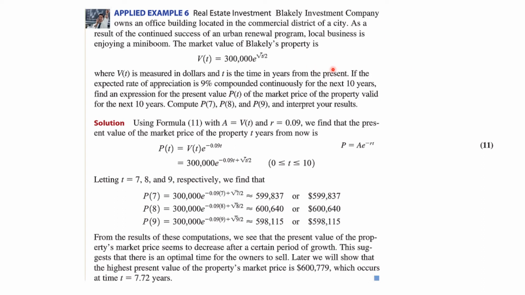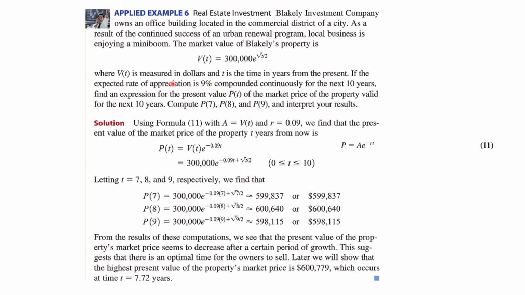Okay, so let's do an applied problem. Life isn't a word problem. So you've got this investment company that owns an office building located in a commercial district, and the market value of the property is given by this equation: V of t is 300,000 e to the square root of t over 2 as the exponent.